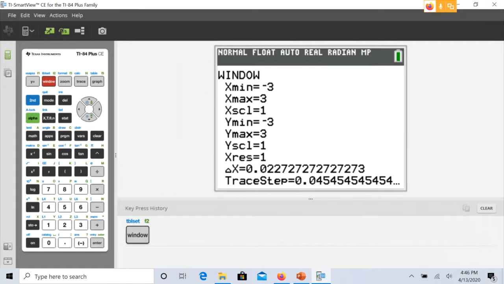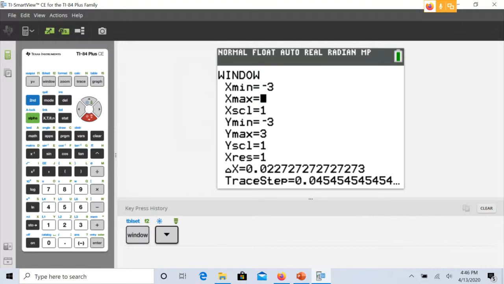I currently have mine set so that my x-min is -3. My x-max is set to a +3, and my scale is counting by 1. So that'll set up my x-axis for me. On my y-axis, the same thing. I'm going to go from -3 to a +3, and I'm going to be counting by 1s.